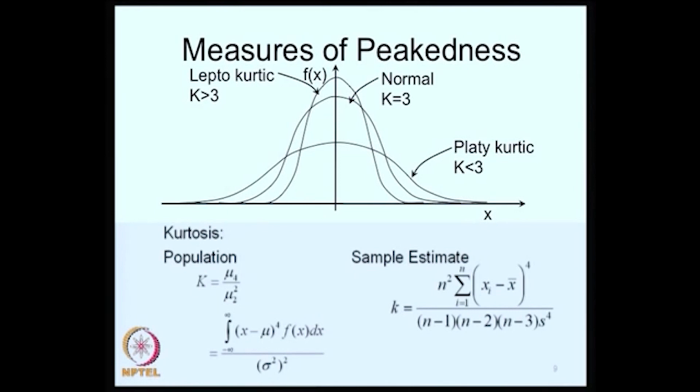Together these measures, namely the measure of central tendency, the measures of dispersion, the measure of skewness or the measure of symmetry, which is given by the coefficient of skewness, and the measure of peakedness, together all of these will give us an idea of how the distribution is likely to be.